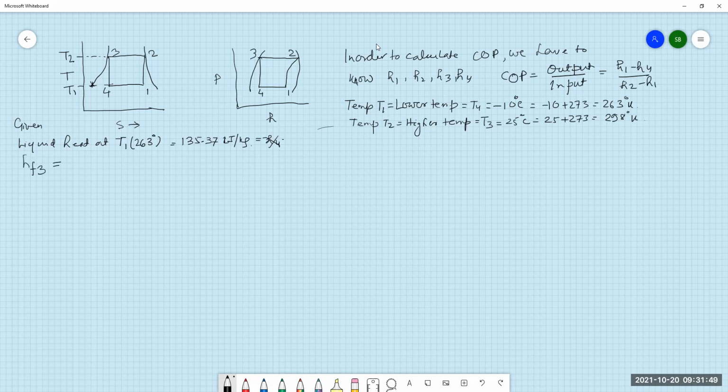HF3 is the enthalpy at the point 3 here, which is on the liquid line.